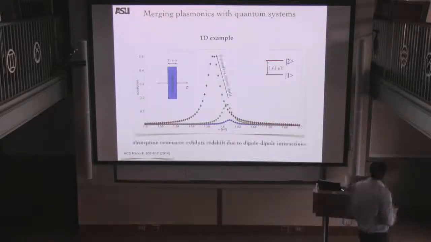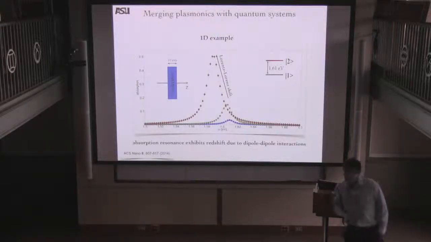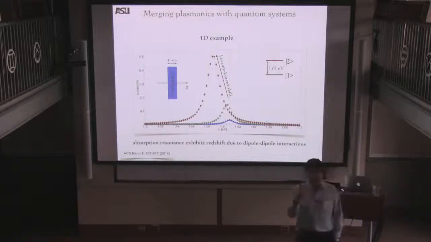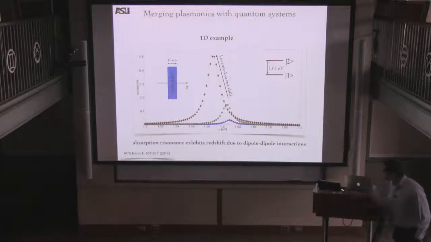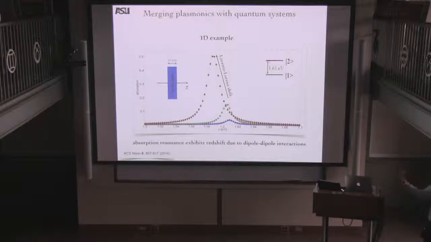Okay. All right, so first a very simple example: if you look at a very thin layer of interacting quantum emitters, you shine the light through, and the intensity of the light is low enough such that we look at only the linear properties of the system: one-photon absorption, transmission, or reflection. You can look at the absorption as a function of the wavelength, and if you consider these molecules as two-level emitters at 1.6 electron volts and calculate the absorption at different densities, you will see a very nice Lorentz shift.